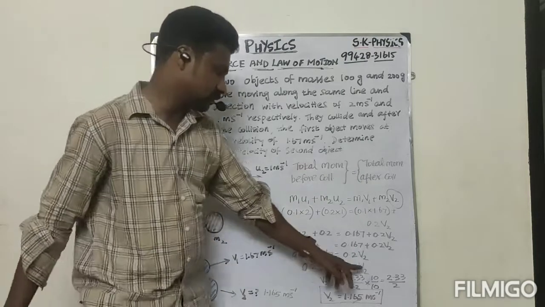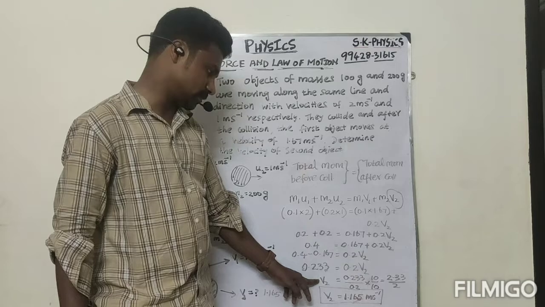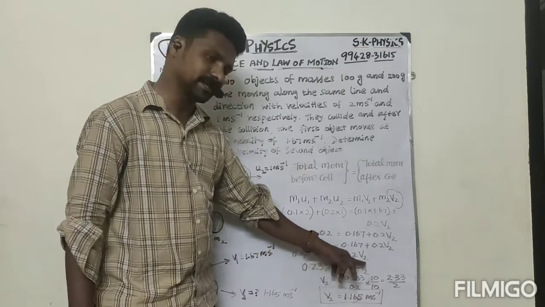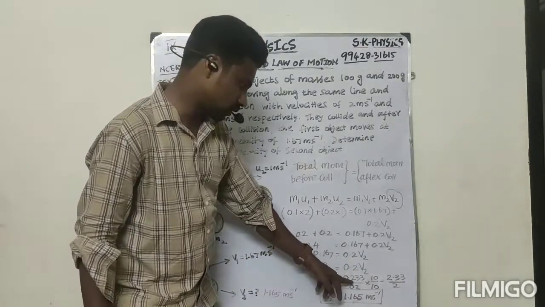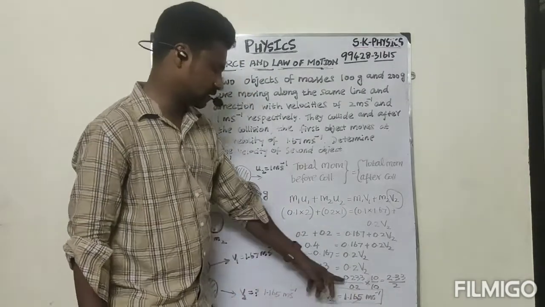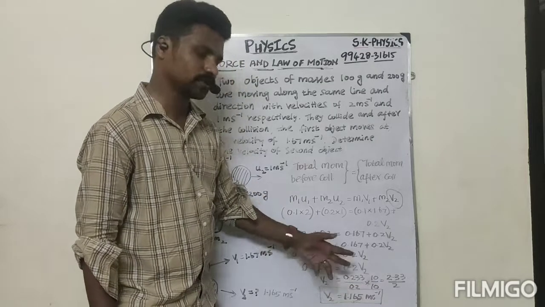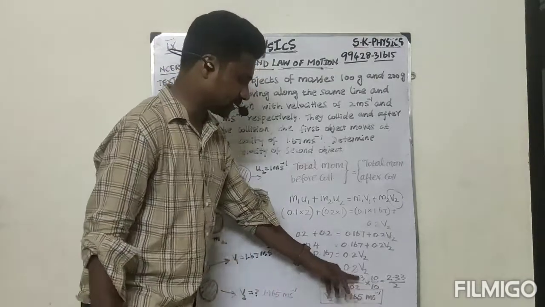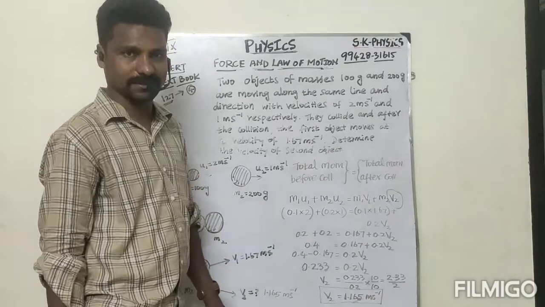So now we need v2 only. Therefore I can write v2 equal to 0.233 divided by 0.2, because 0.2 is multiplication here, and if it comes to this side, it becomes division. Here the denominator 0.2 is there, and here 0.233 is there. So for our convenience, we multiply and divide by 10.